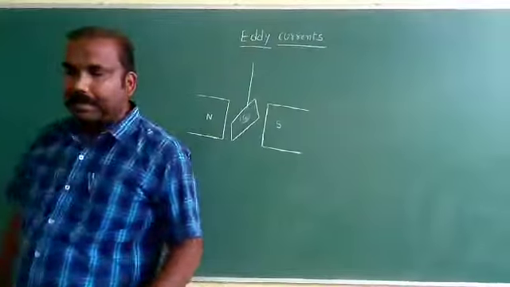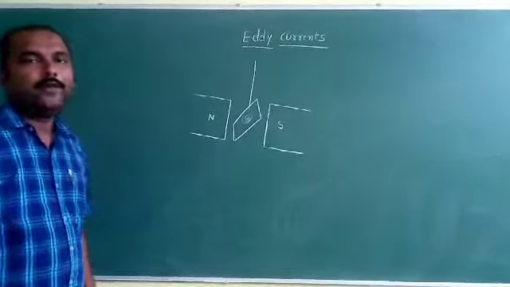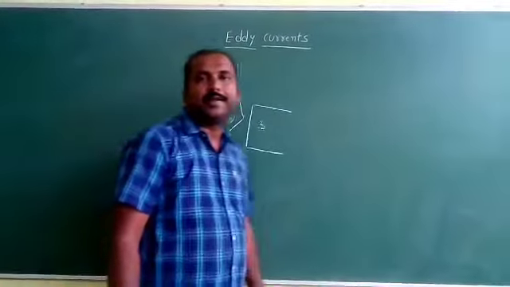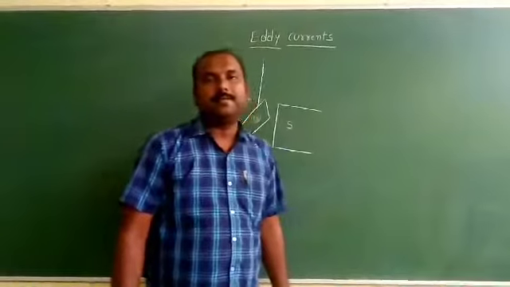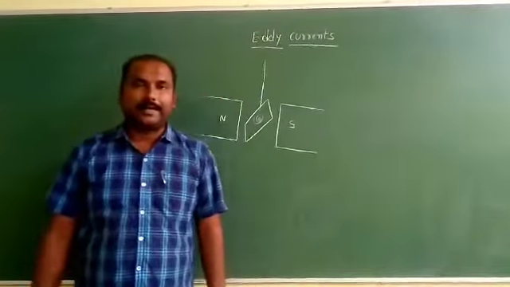Once again, all of you try to understand the meaning of eddy currents. These are the circulating currents produced in the conductor due to changing magnetic flux linked with the conductor.